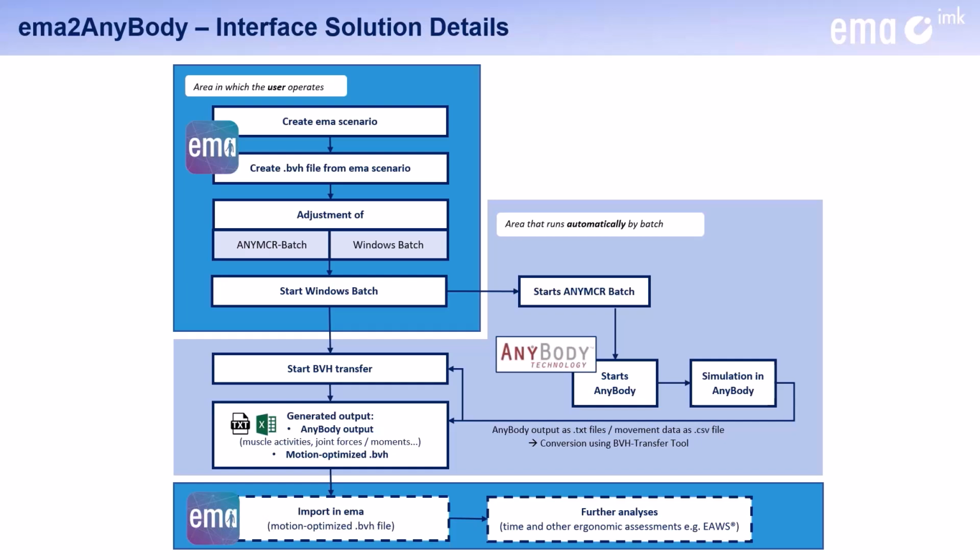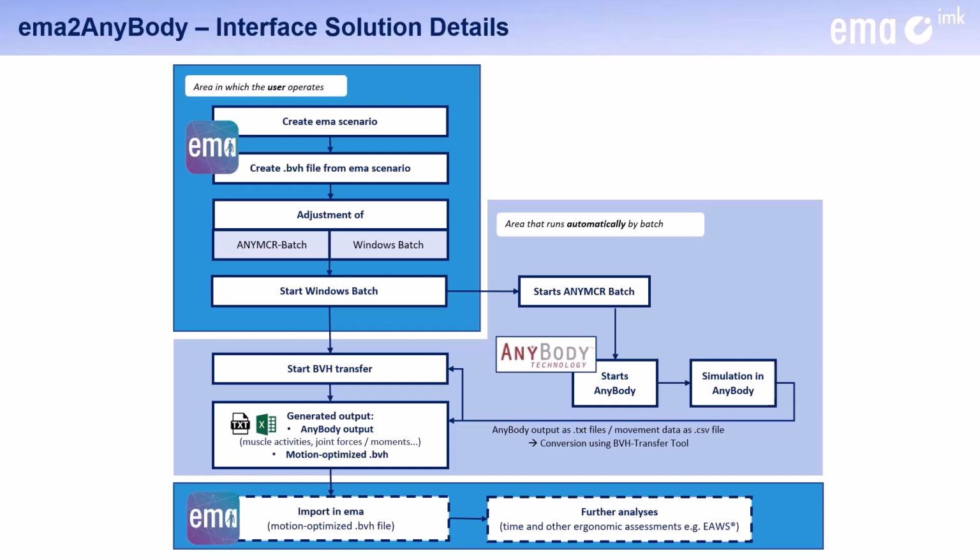We also have a BVH transfer tool. After a transfer or remodeling of the BVH file, because we need to map the joints and so on from the digital human model, the skeleton of AnyBody, to our EMA skeleton, we need to map some points.